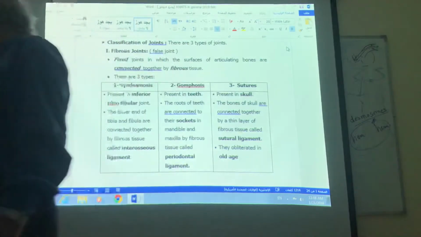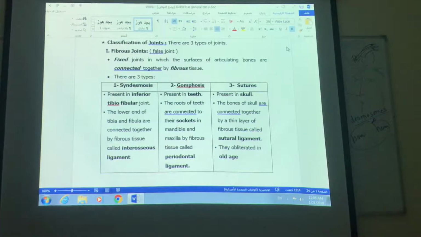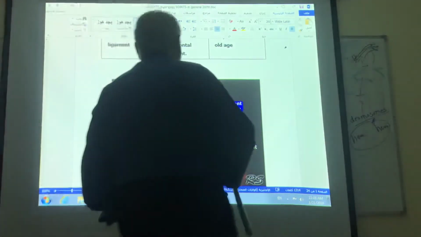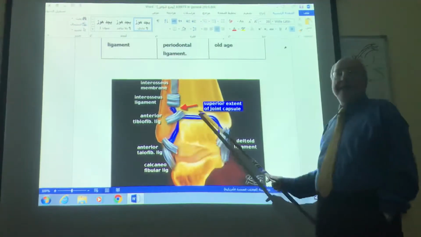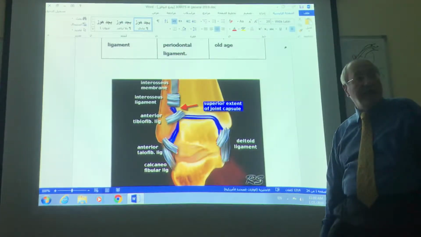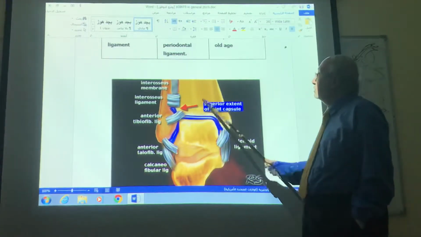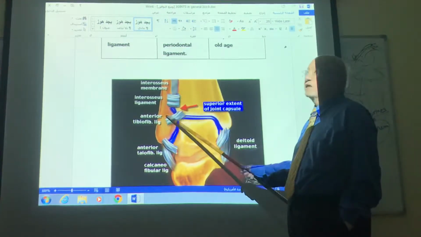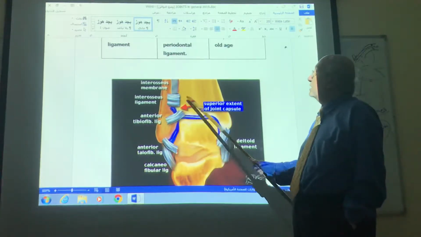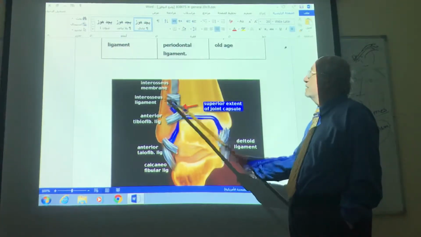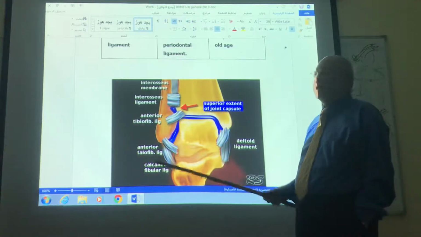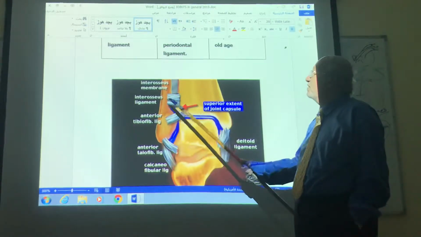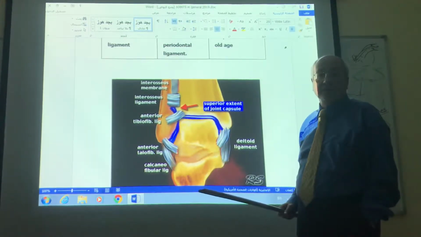This type of fibrous joint is present in this case. This is the ankle joint. This bone is called the tibia. This bone is called fibula, and the articulation between tibia and the fibula is called inferior tibio-fibular joint.